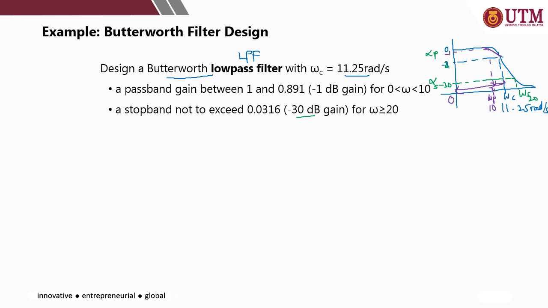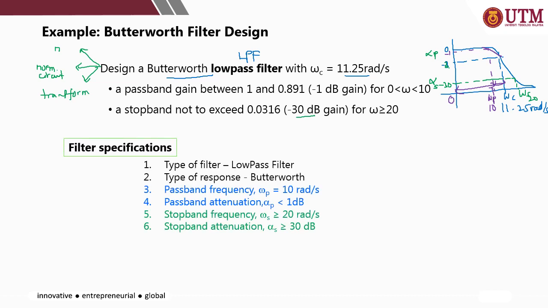Okay, so design a Butterworth. The steps to design: first you need to get the filter order number, and then get the normalized circuit and get the transformation. So let's summarize the parameters that you have.